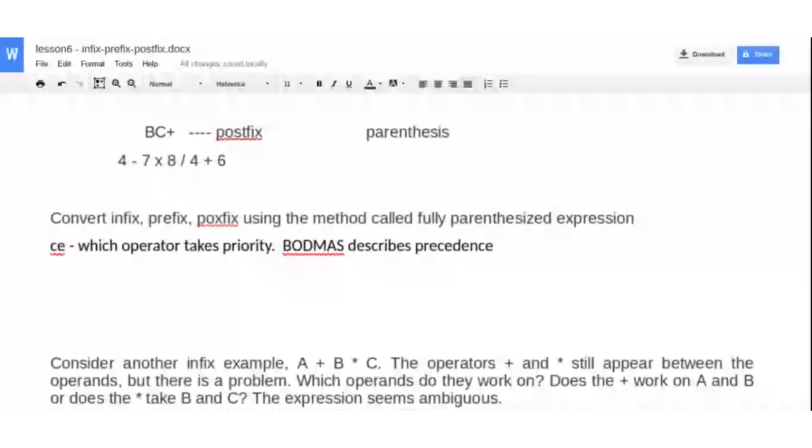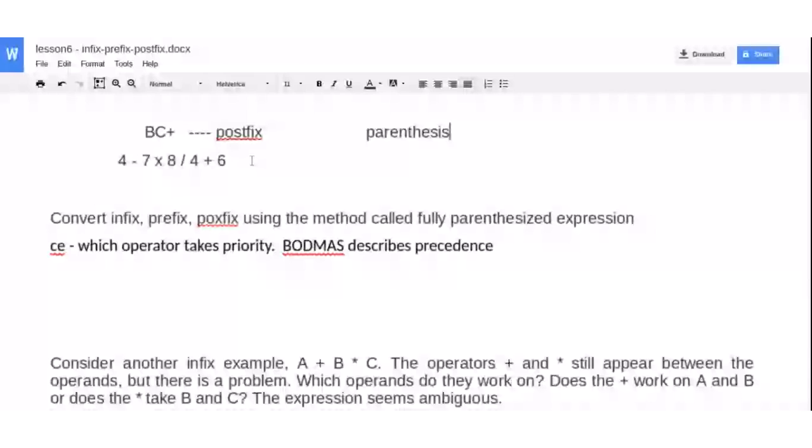So the word parentheses is another word for brackets, and when we say fully parenthesizing, it is a process where we recognize the operators with their operands and surround them with brackets.